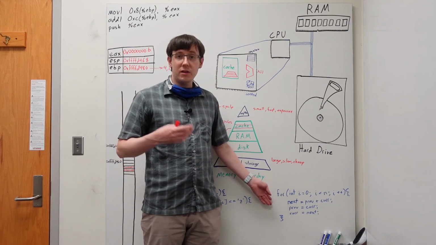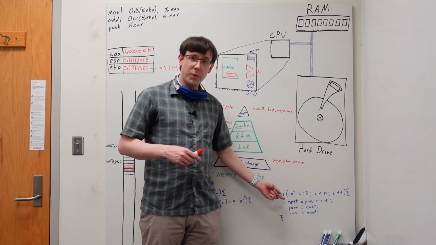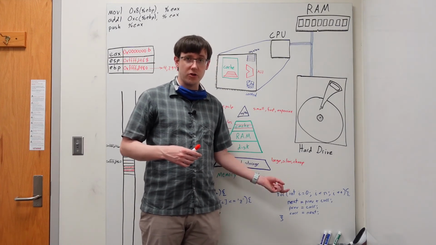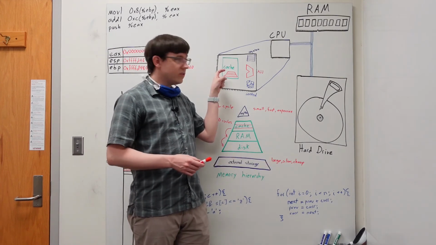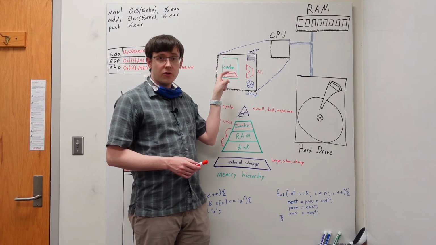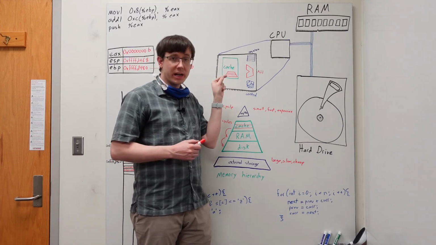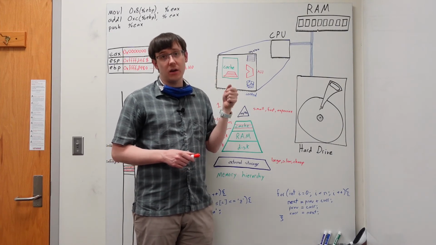For example, in the C code for computing Fibonacci numbers, our loop accesses the same few variables on every iteration. And so this means that if data was recently brought into the cache or recently accessed while in the cache, it's a good idea to keep it there because there's a good chance that it will be accessed again soon.